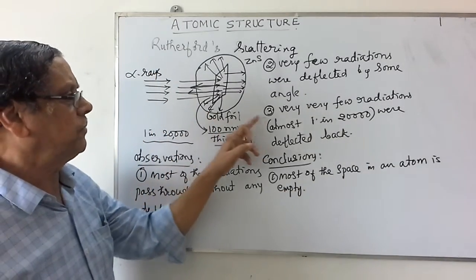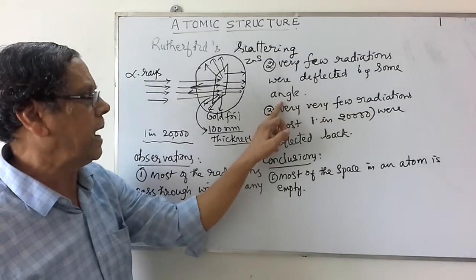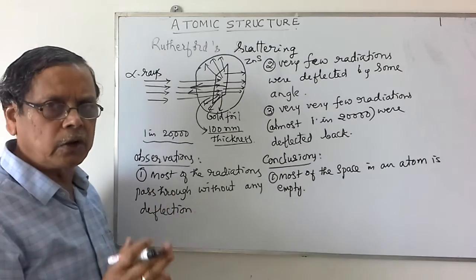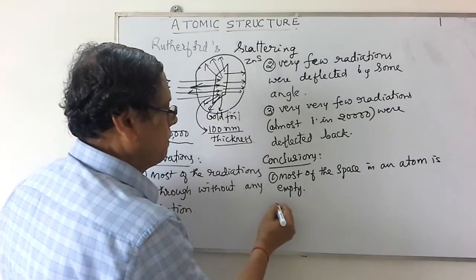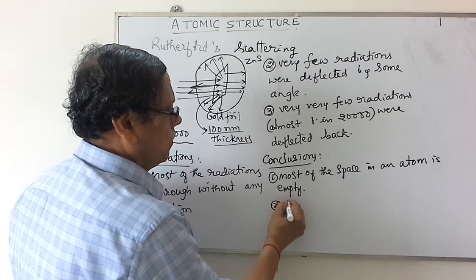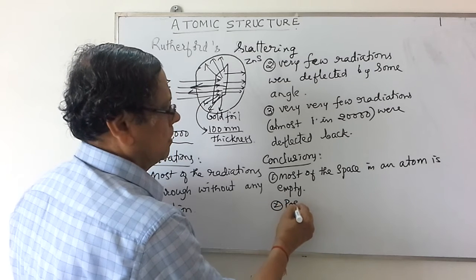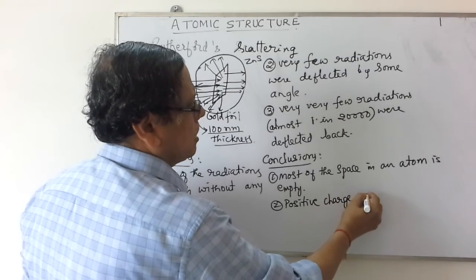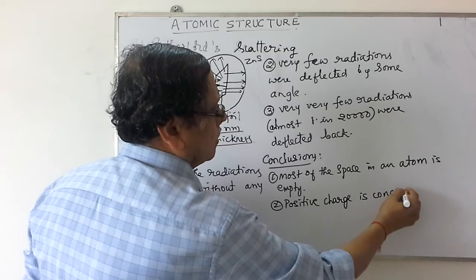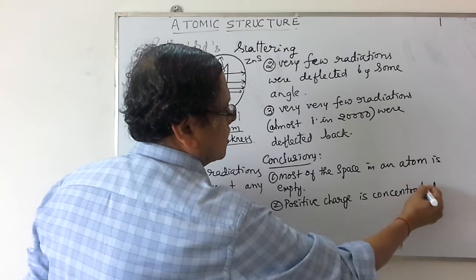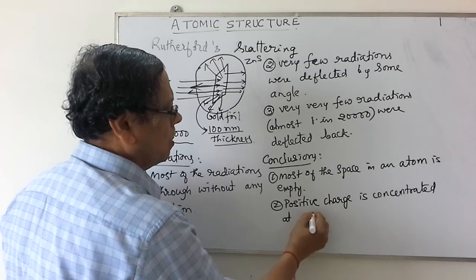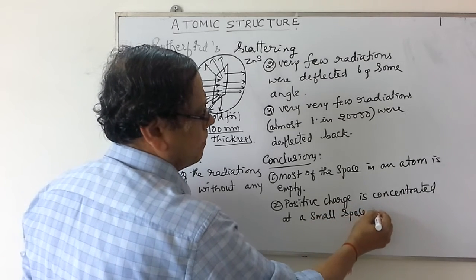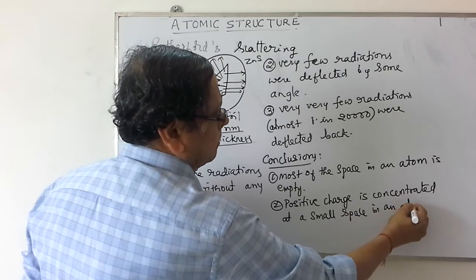and since some of the radiations were deflected by some angle, he concluded for this observation that positive charge is concentrated at a small space in an atom.